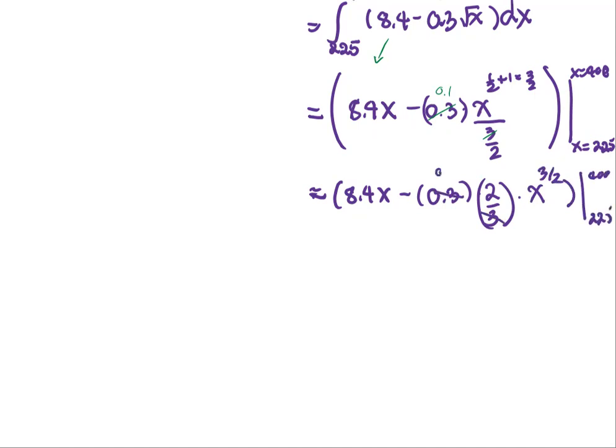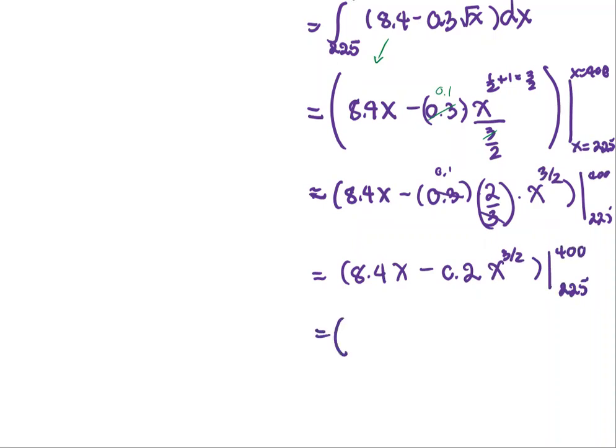Simplifying this, we get 8.4 times x minus 0.2 times x to the power 3/2, which is x times square root x. It's maybe less complicated to leave it as x to the power 3/2. And evaluate from 225 to 400.